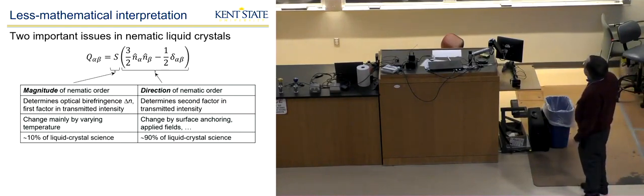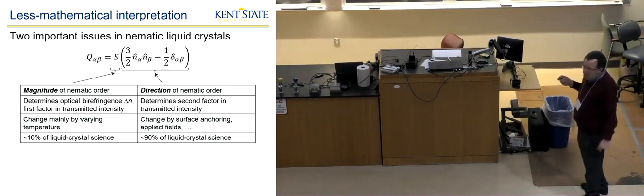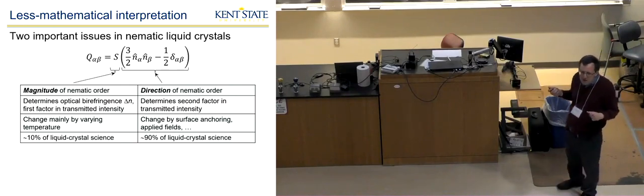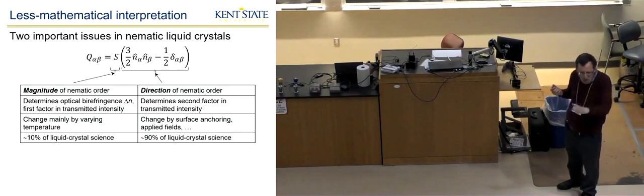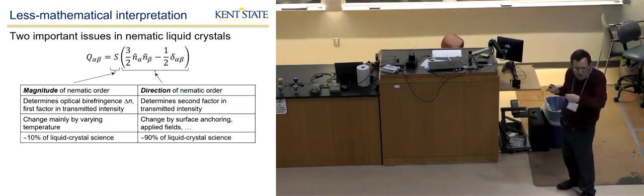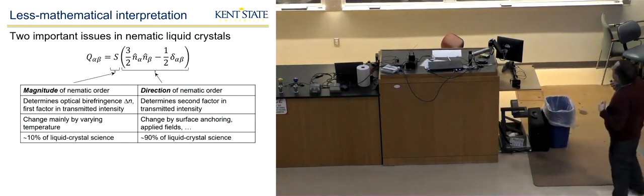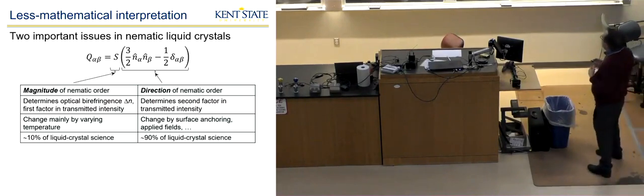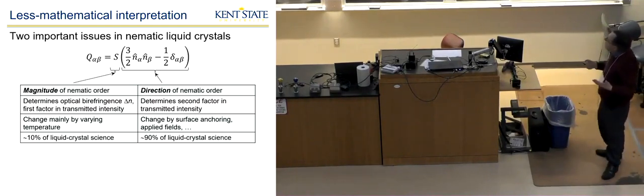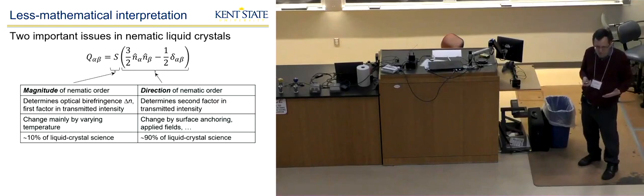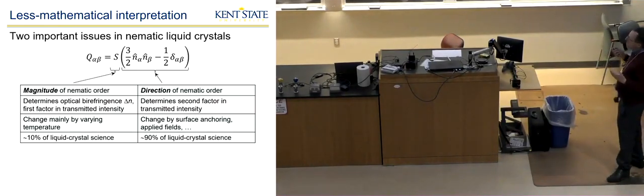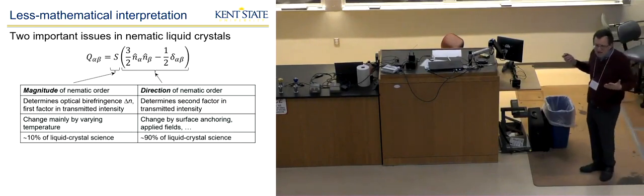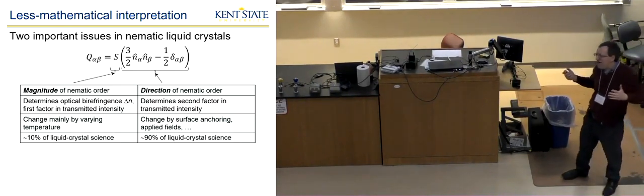That goes into determining the optical birefringence: how different are the optical properties of the material along the director versus perpendicular. That is something which people change mainly by varying temperature. I'd say that's about 10% of liquid crystal science. I'm not counting, that's an estimate.